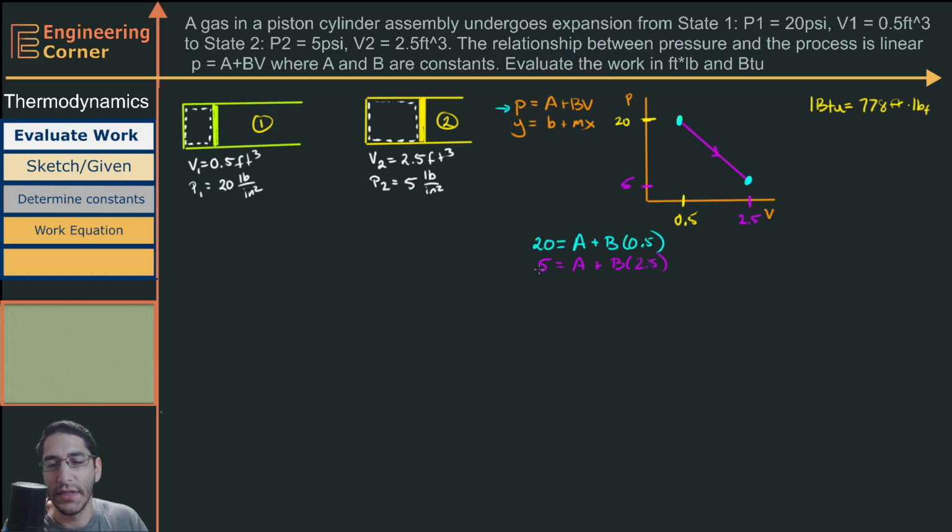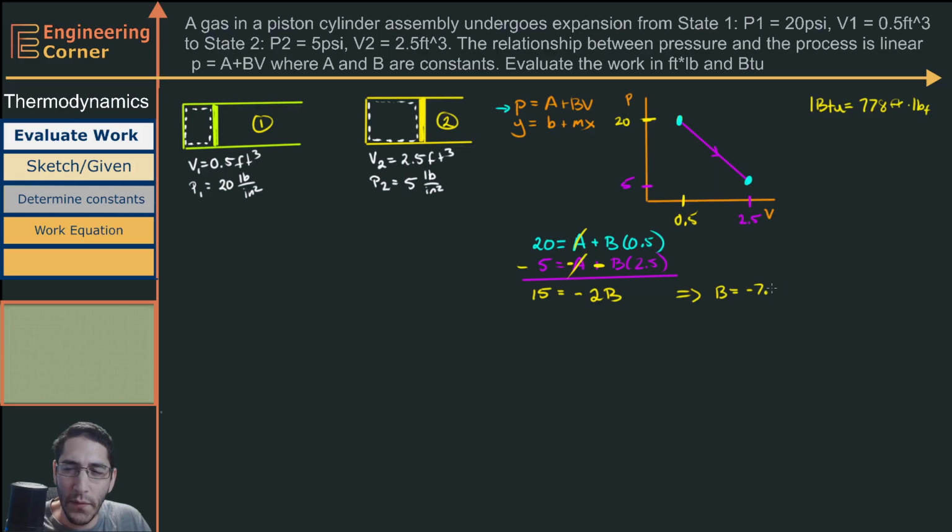Now I have two equations and two unknowns. I'm going to multiply by a minus 1 and add these equations, so the A's go away. I get 15 equal to minus 2B, so B is equal to minus 7.5.